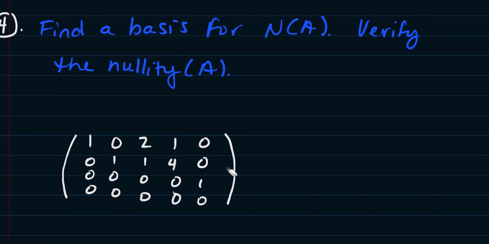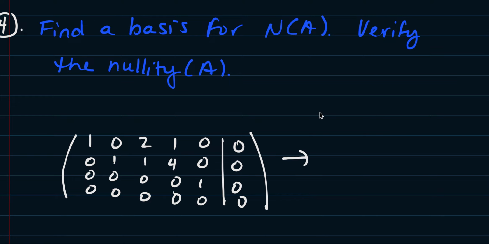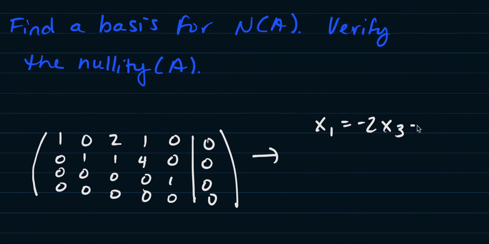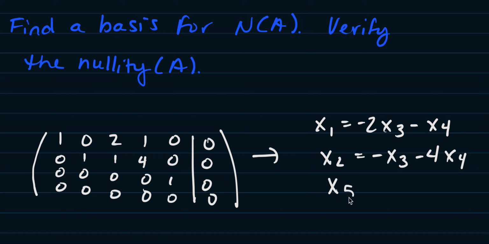I'm going to erase this and put a column of zeros and see what we get. We see that x1 is equal to negative 2x3 minus x4. x2, we're solving for the pivots, is negative x3 minus 4x4. And then x5 is 0.